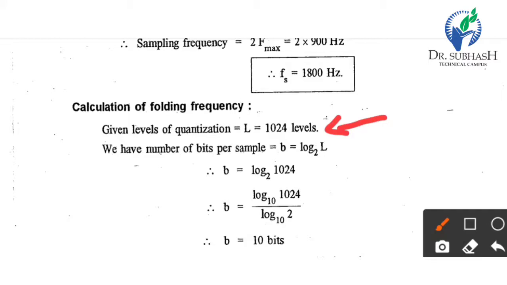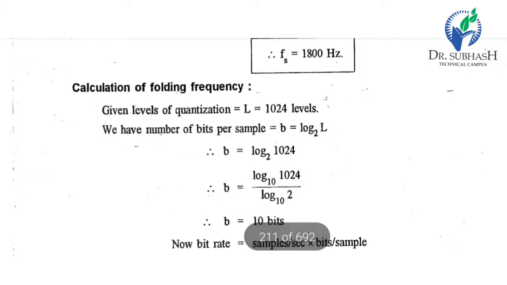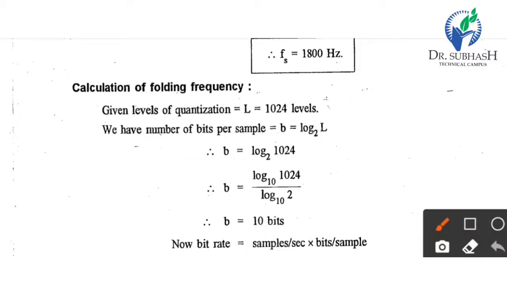We have number of bits per sample, that is B. So B equal to log 2 L. So we put L equal to 1024 in this equation. So B equal to log base 2 of 1024.